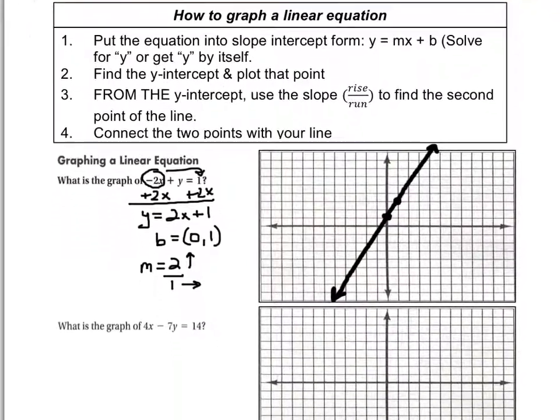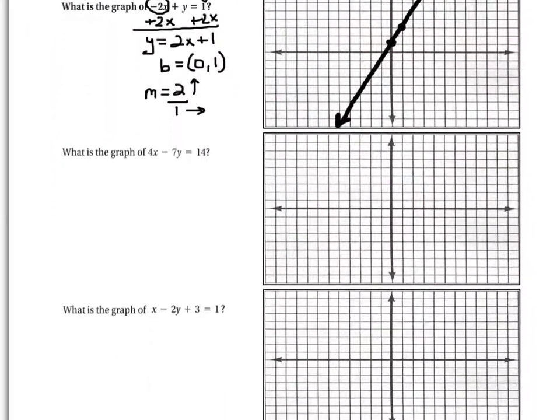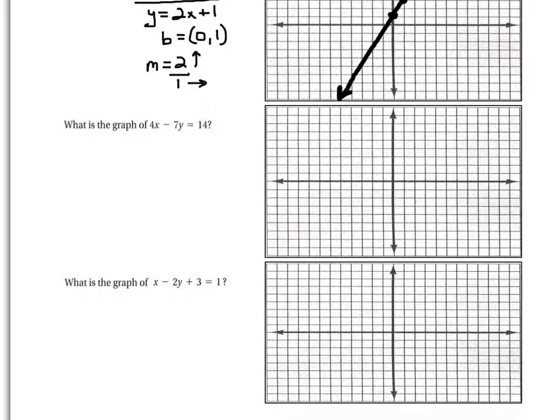All right, let's go to example 2. Example 2 is a little bit different. Again, I have to put it in slope-intercept form, so I have to solve for y, or get y by itself. In order to get y by itself, I've got to get rid of that 4x. So I subtract 4x. I always want to put the x's first. So -7y equals -4x plus 14, because I want it in slope-intercept form.